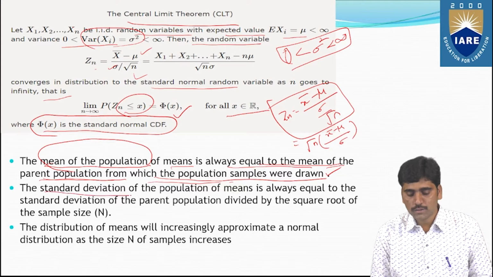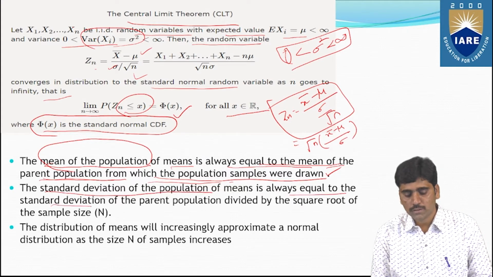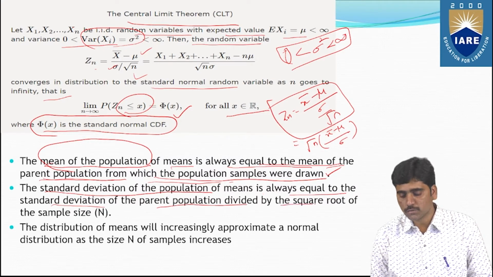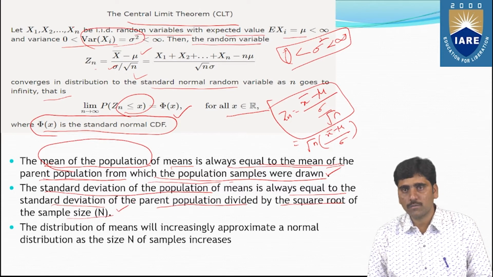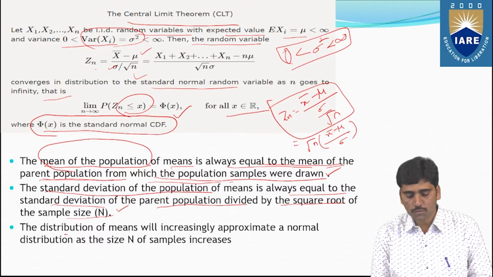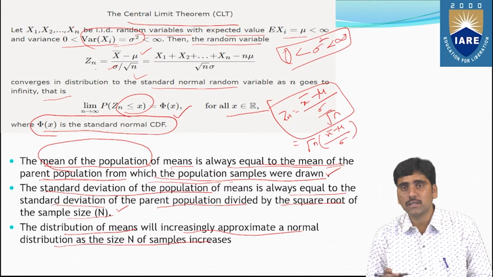And the standard deviation of the population of means is always equal to the standard deviation of the parent population divided by the square root of the sample size n. The distribution of means will increasingly approximate a normal distribution as the sample size n increases.